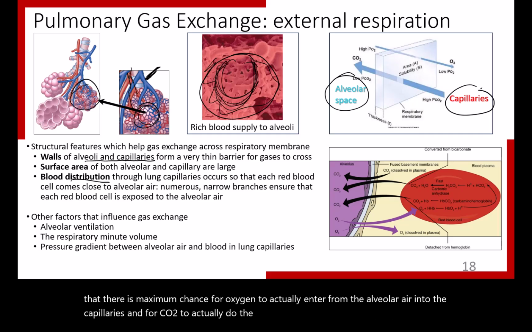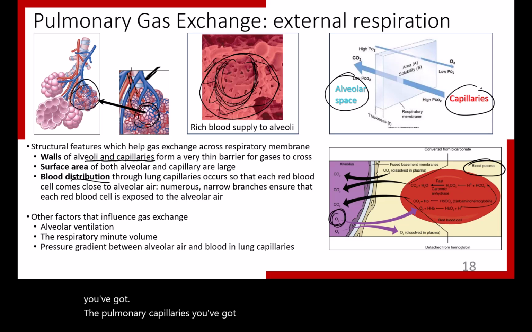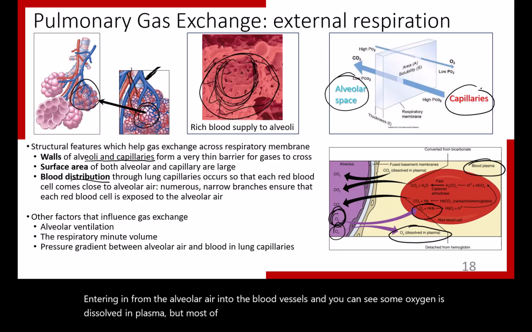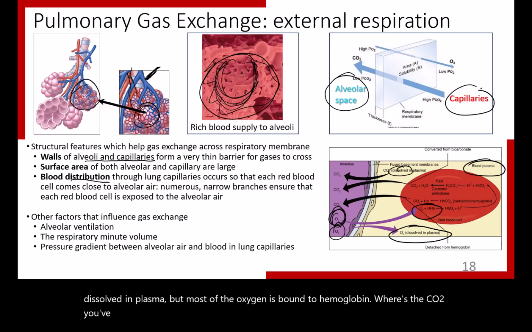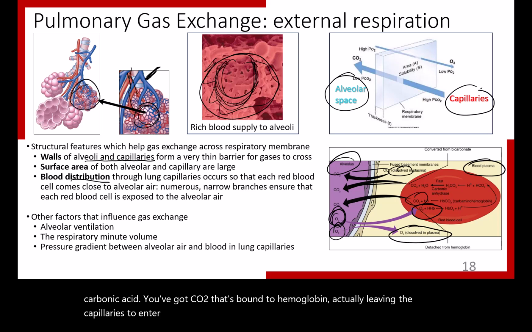So again, what you have here is the pulmonary capillaries, with oxygen entering from the alveolar air into the blood vessels, and you can see some oxygen is dissolved in plasma, but most of the oxygen is bound to hemoglobin. Whereas the CO2, you've got CO2 that's dissolved in plasma, CO2 that's carried as carbonic acid, and CO2 that's bound to hemoglobin, actually leaving the capillaries to enter into the alveolar air.